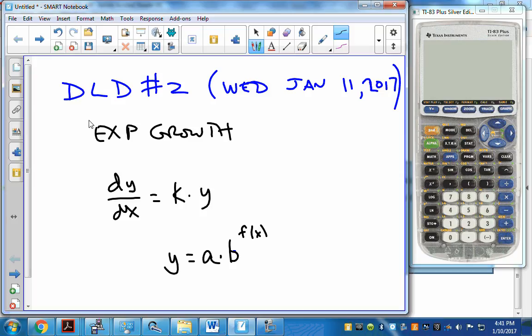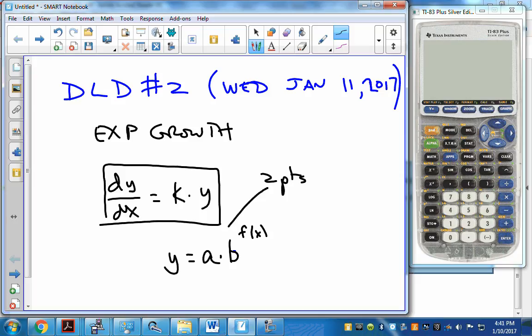Okay? And that if given this fact and a couple of points, you can find both the a and the b, and you should be able to figure out the function.